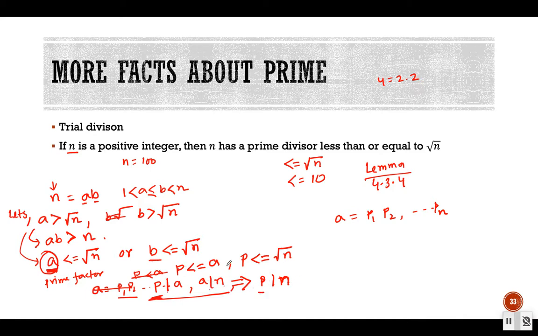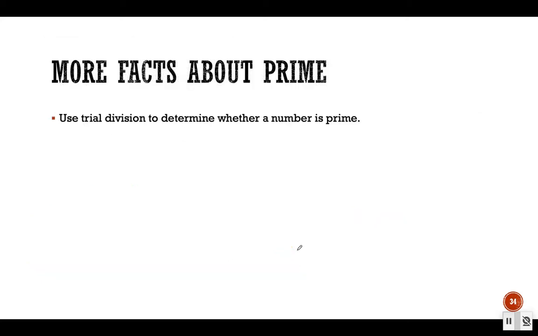As p divides a, p has to be less than or equal to a. That means p has to be less than or equal to the square root of n. So that proves that any number n has a prime divisor which is less than or equal to the square root of n.